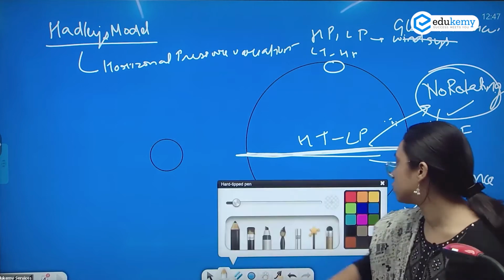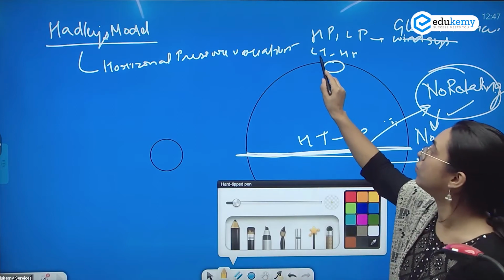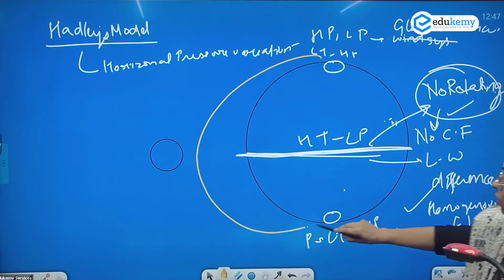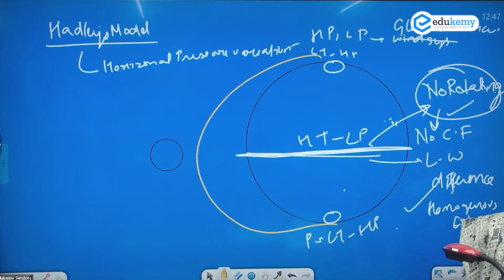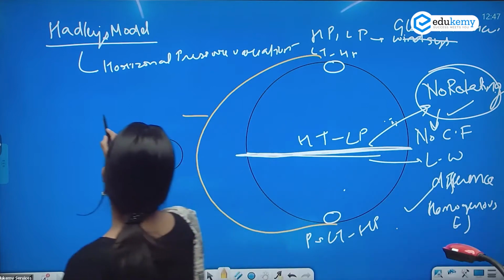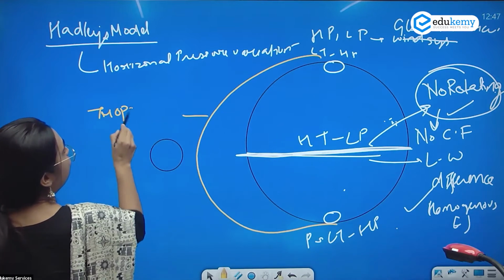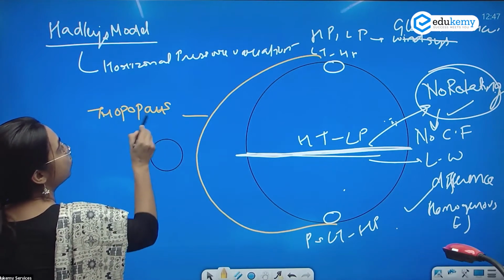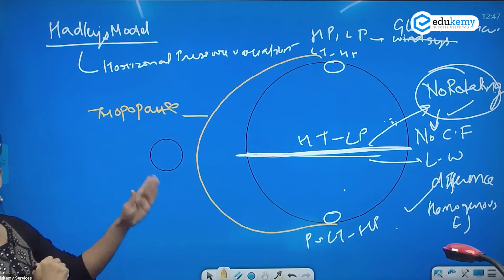Okay. Now we also know the layering of the atmosphere, the troposphere, right? This is your tropopause. Up to here we will experience wind and vertical air currents.